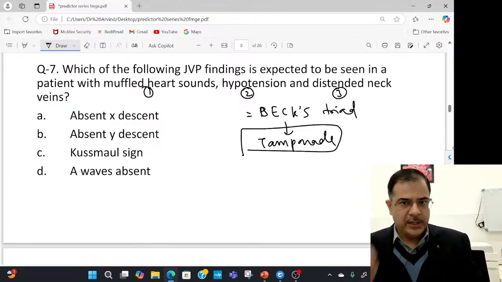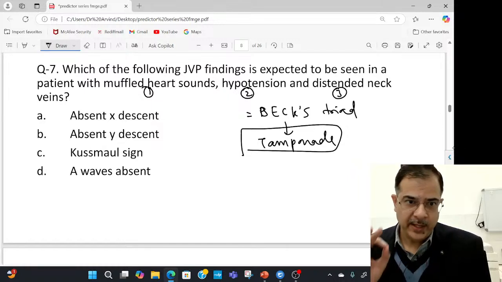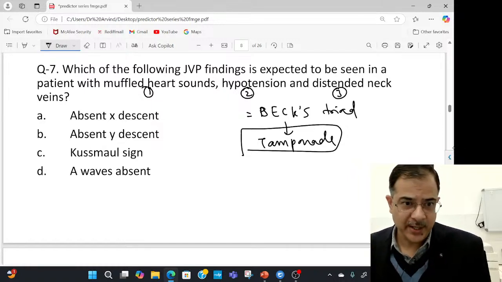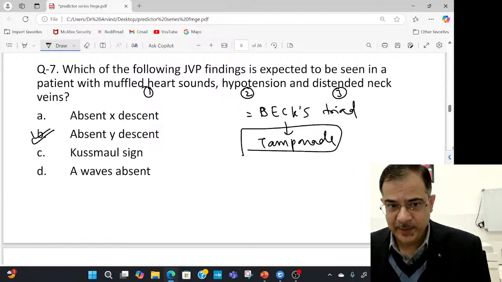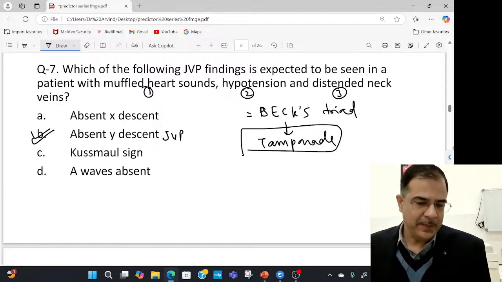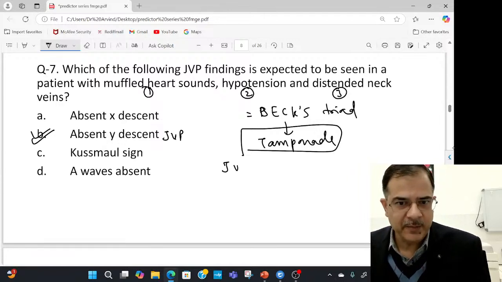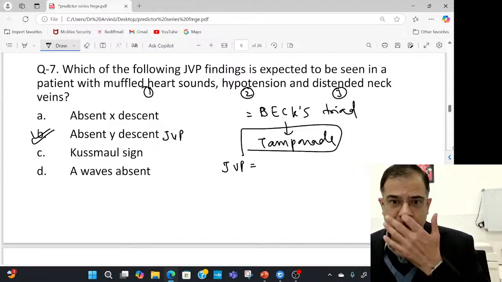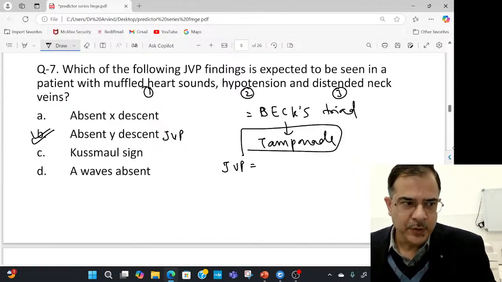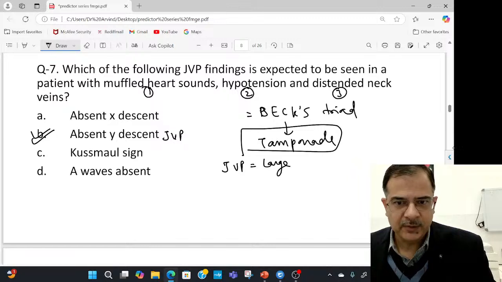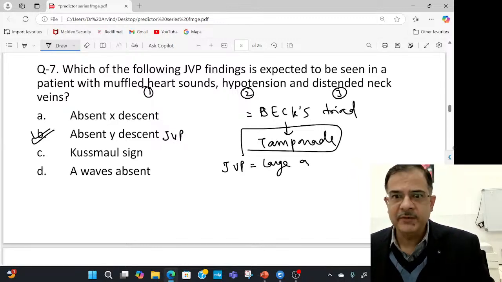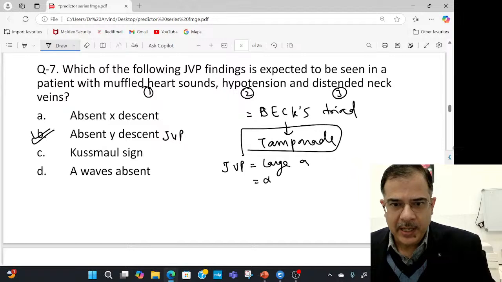Cardiac tamponade is a very, very important topic, and one of the important features of cardiac tamponade is in the JVP. Why is the Y descent absent? What are the other findings in the JVP? That can be the next potential question for you. In the JVP, you will get a large A wave and a deep X descent.